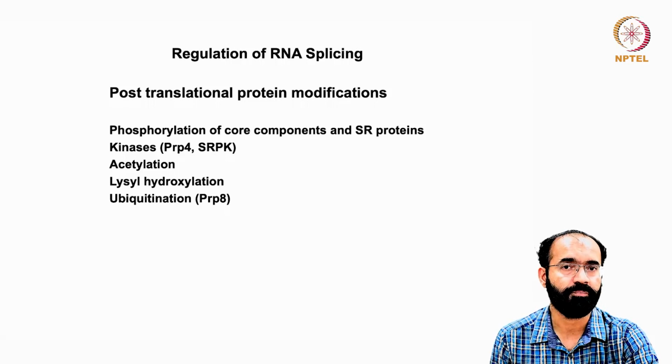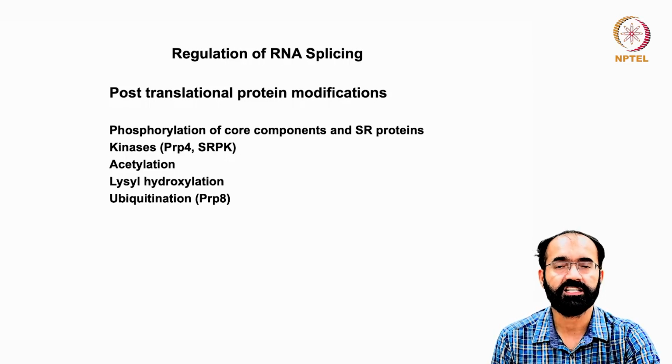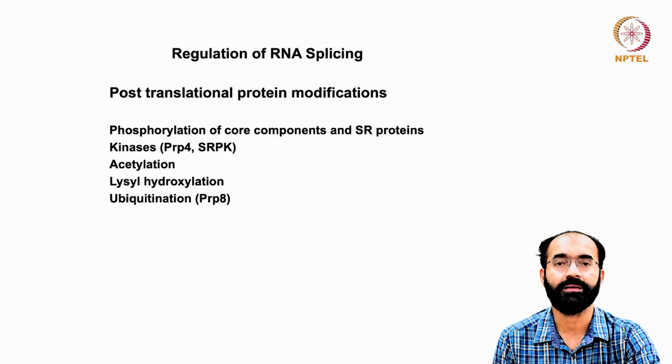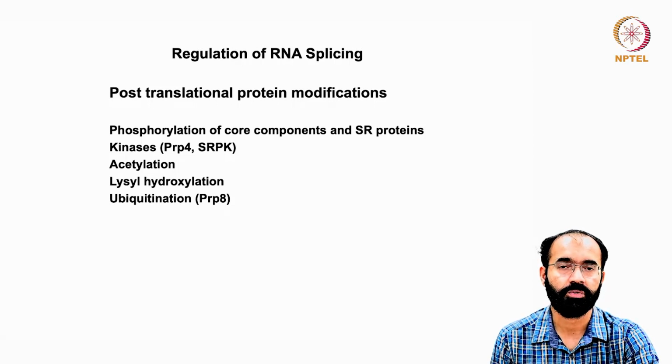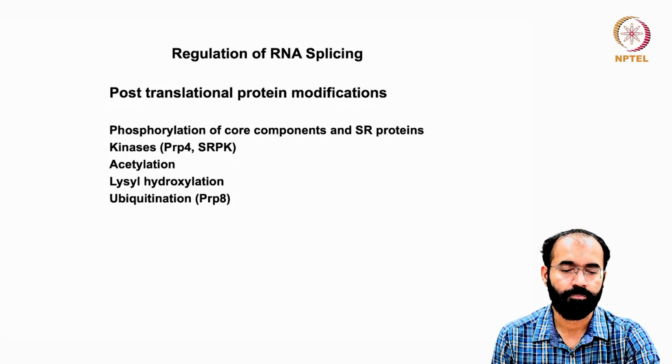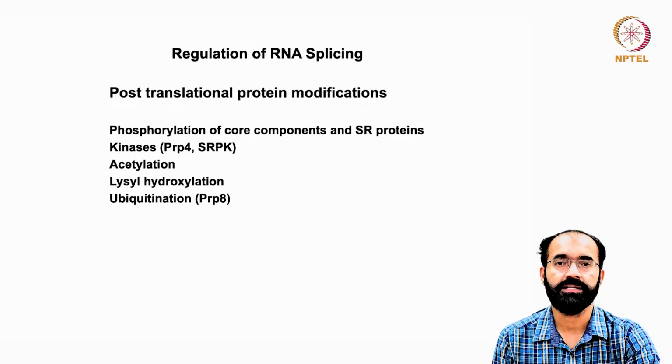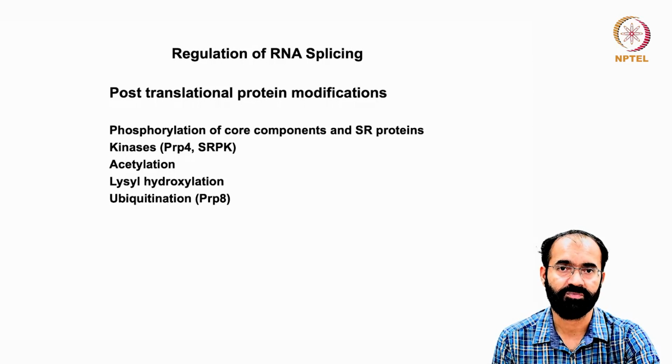If a protein gets phosphorylated, there is a good chance that it will start doing a new function. Sometimes if a protein gets phosphorylated, it will be marked for degradation. A protein that is functional, if phosphorylated, can become non-functional. So understand, a post-translational modification alters the status of the protein in its current form.